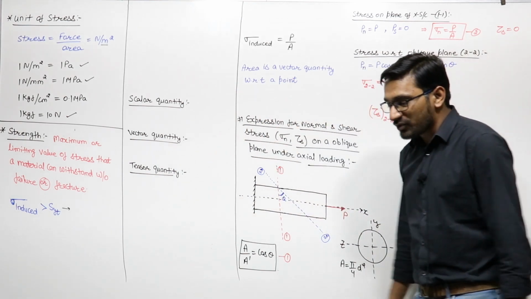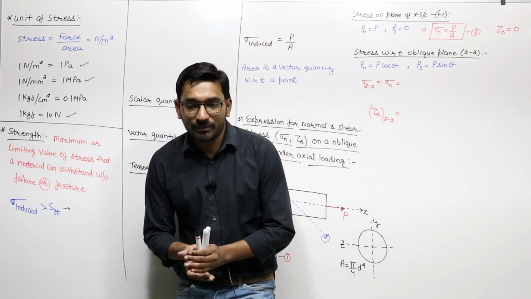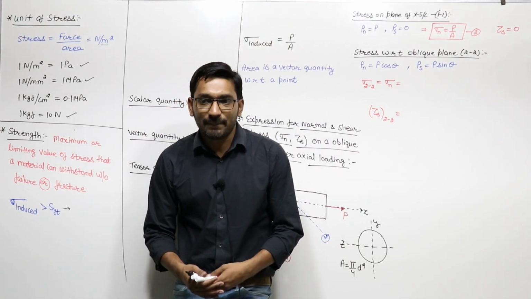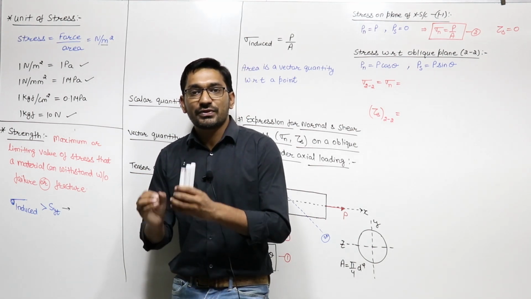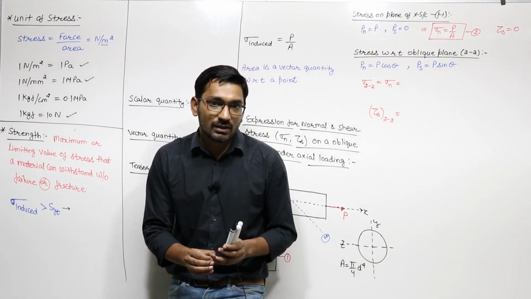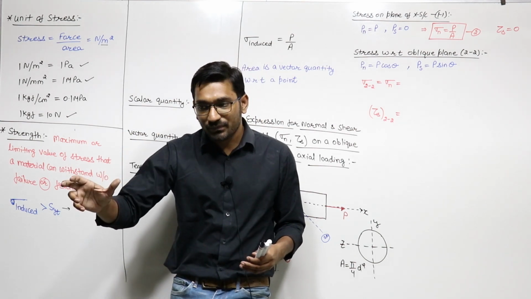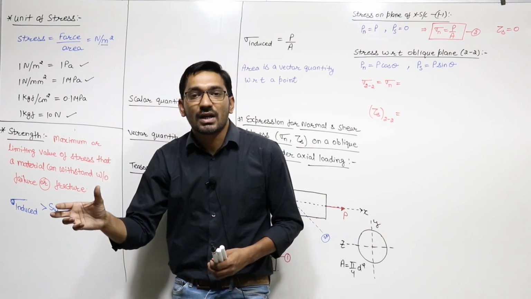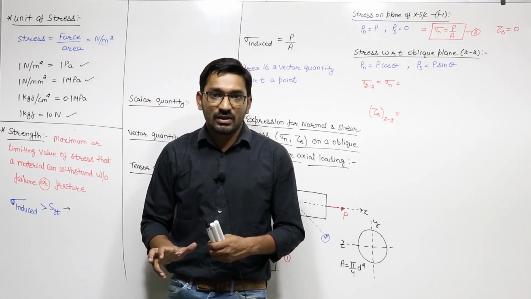The next is your strength. What do we mean by the strength of a material? We already saw that stress is the internal resisting force developed in a member or at a point against the deformation when you apply some external load, and that deformation must be resisted.